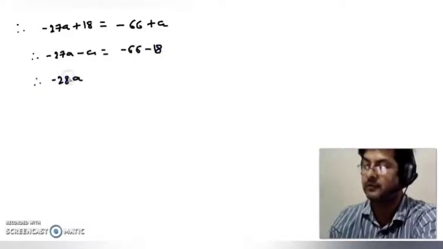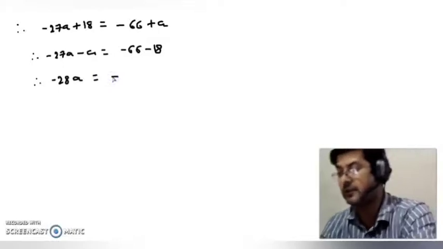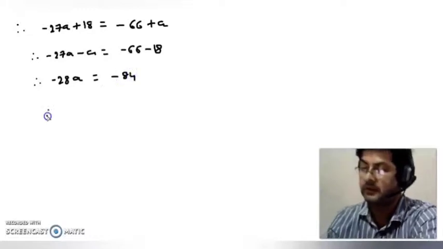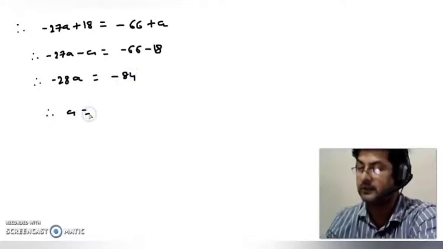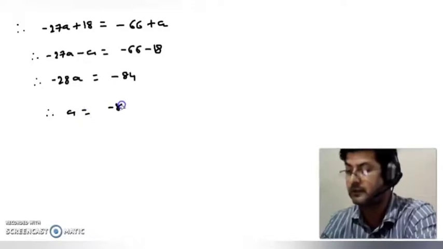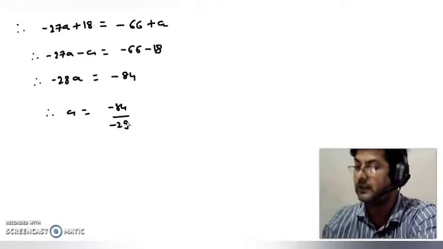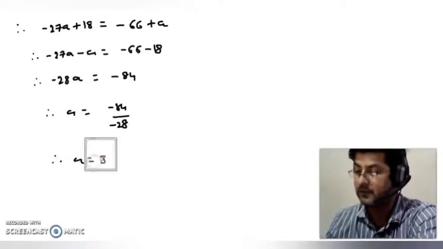Therefore minus 28a is equal to minus 84, and therefore a is equal to minus 84 upon minus 28, and therefore a will be equal to 3.